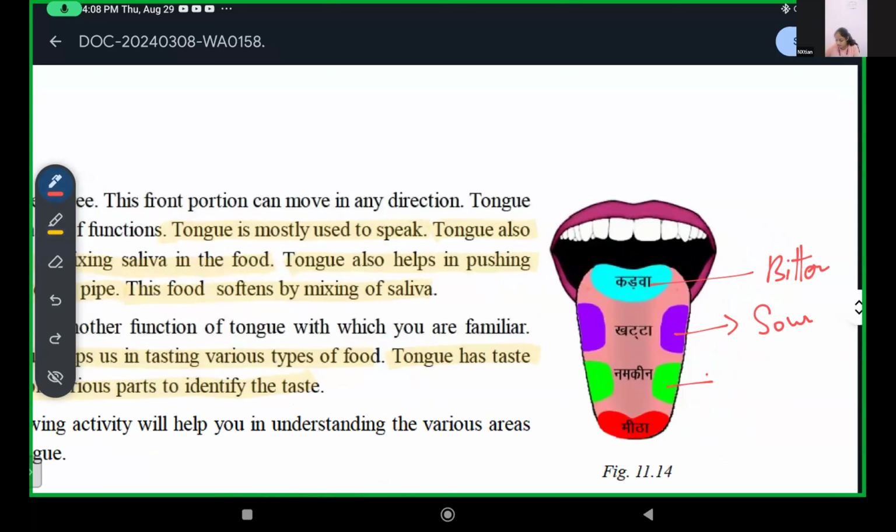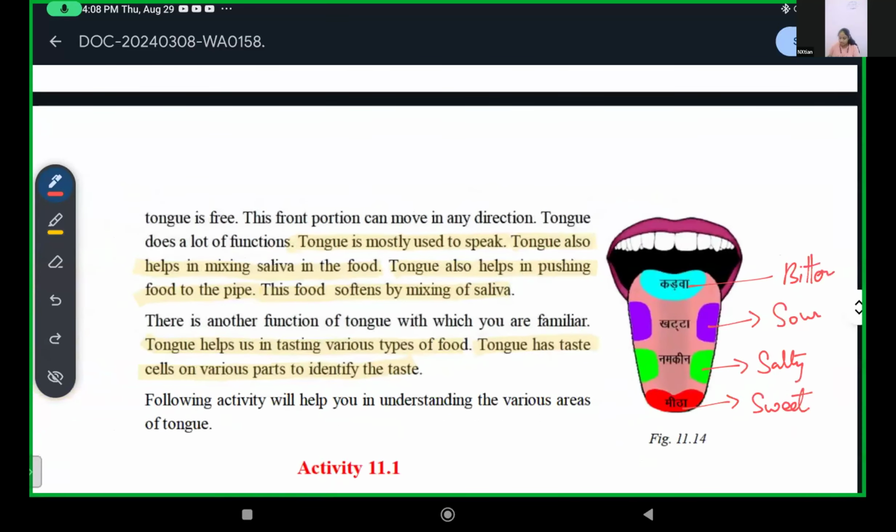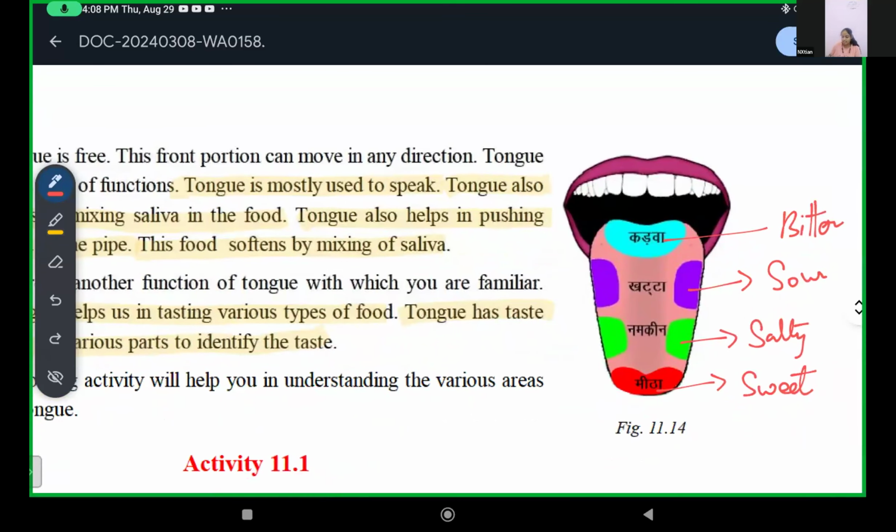Here it's salty. And here at the very edge it's sweet. These are called taste buds, present on the tongue: sweet, salty, sour, and bitter.